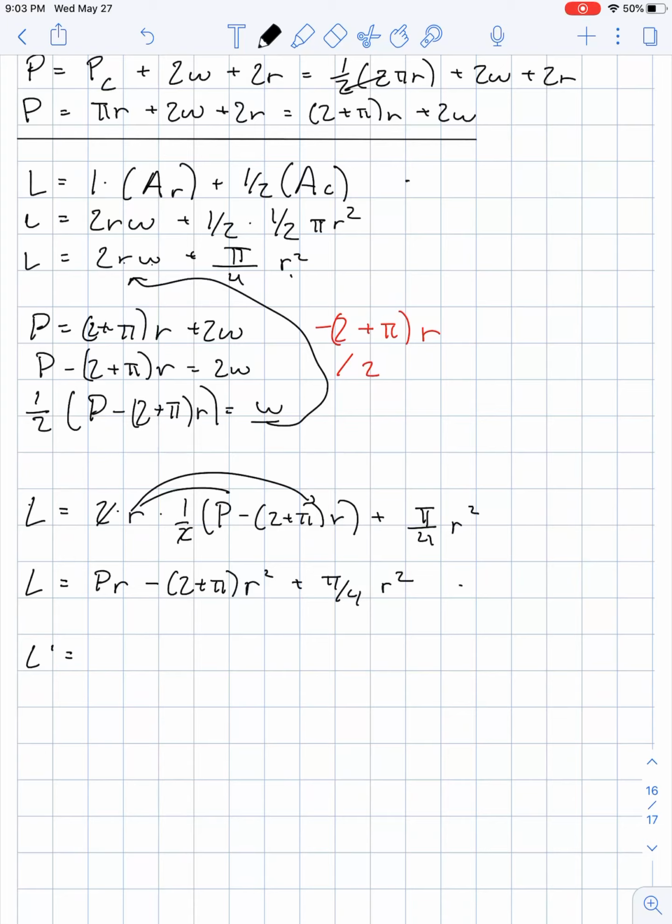So the derivative of P R is P, minus (2 plus pi) R, plus pi over 4 R squared gives pi over 2 divided by 4, which is just 1/2 R, and that's the derivative.